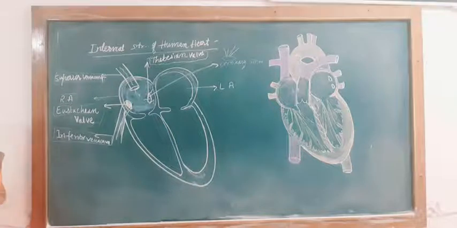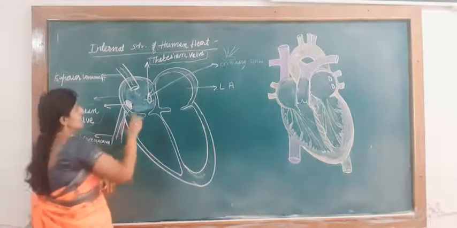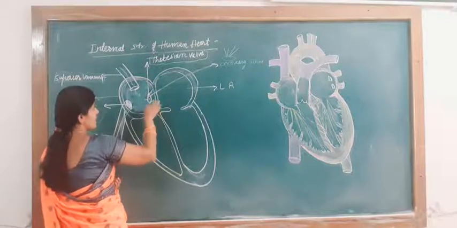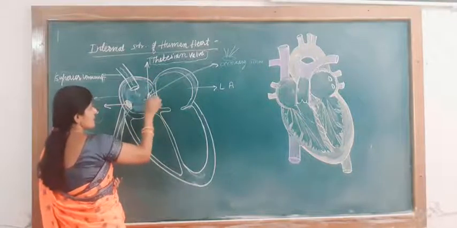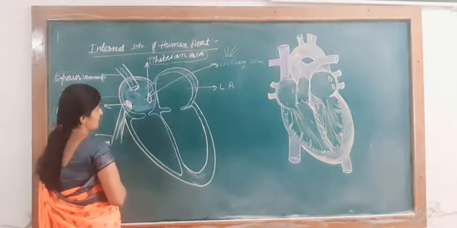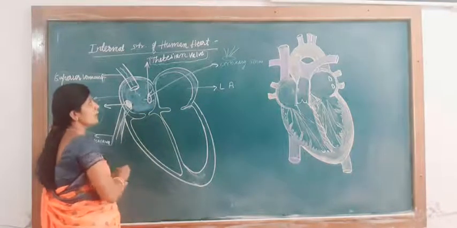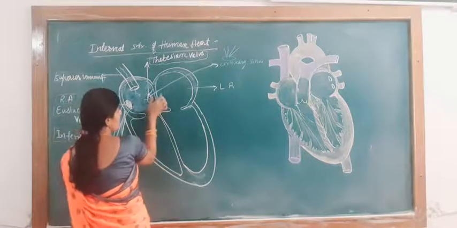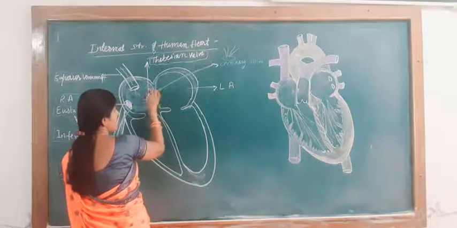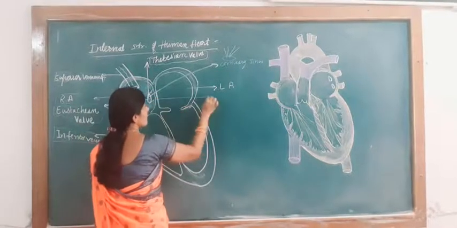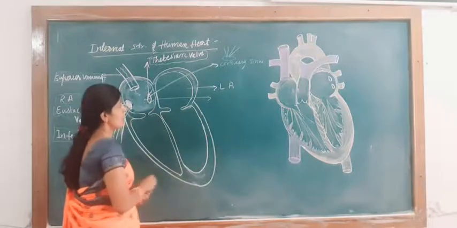Then here, these two atria are separated by a partition. This is called the interauricular septum. It is in between the two atria, and it divides the two atria.